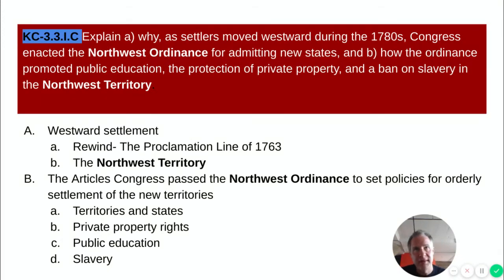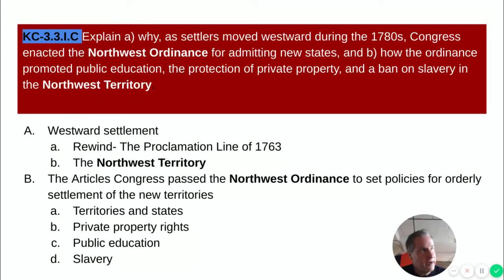That is the territory that is around the Great Lakes, and it includes Michigan, Wisconsin, Illinois, Indiana, and Ohio. So it's the area in which the new colonists were settling. It was an area that was open for farmland.